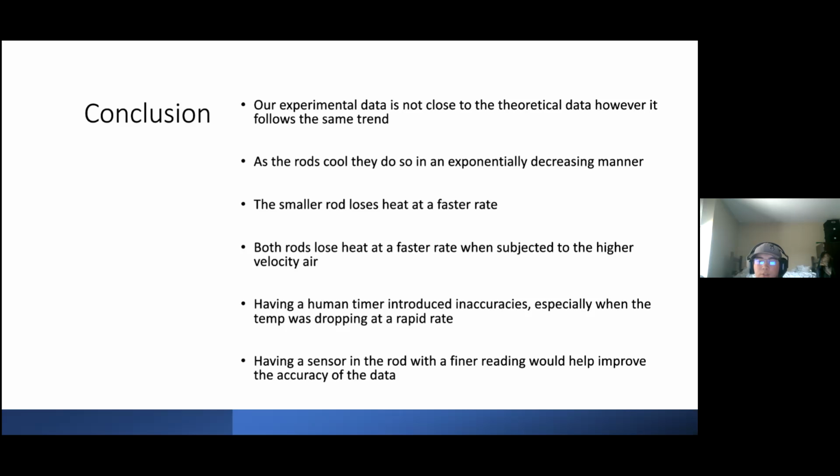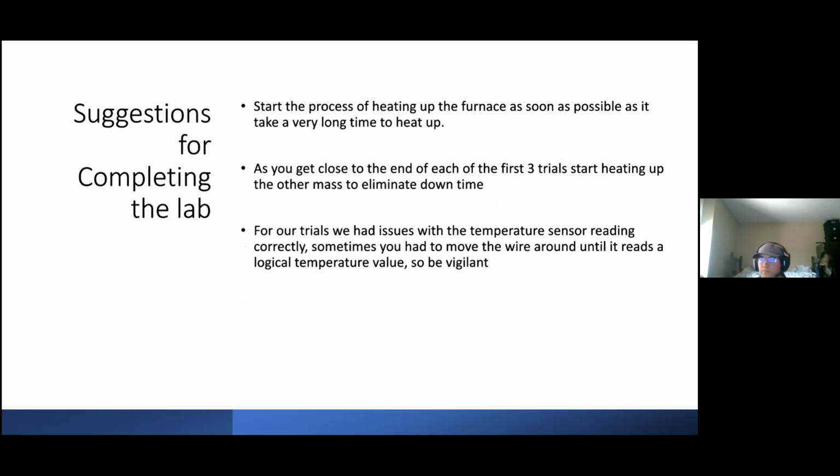And the measurements were only putting out a reading usually every second, maybe twice a second. And so there's a decent bit of error that could be found there. And then having a sensor in the rod with a finer reading would help, where if it updated more often, that could be more beneficial to having a more accurate time. And then we'll move on to the suggestions for completing the lab.